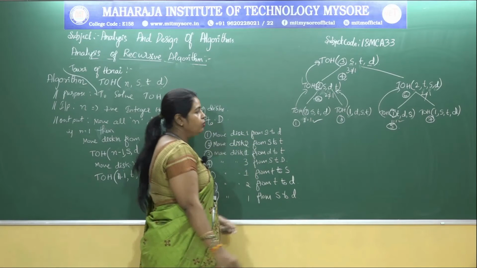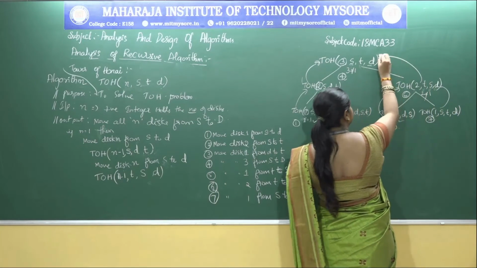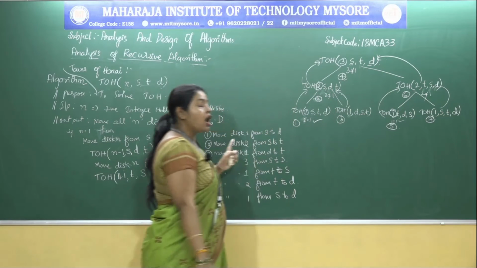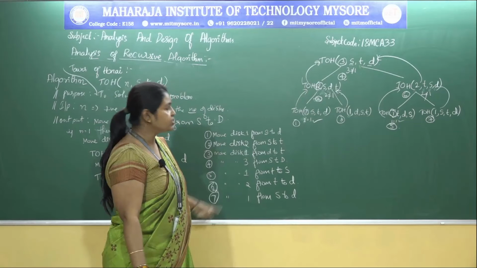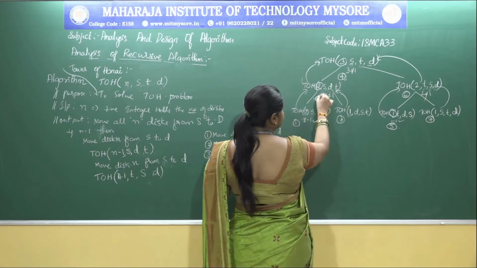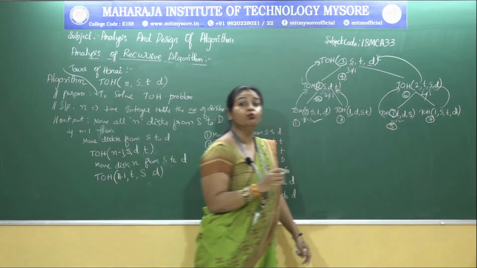Okay. Now, the control comes back, all the operation has been performed. Next again control comes back, all the operation has been performed. So therefore, how many moves have taken place for 3 disks? 1, 2, 3, 4, 5, 6 and 7 moves.